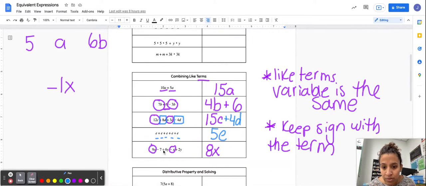I also have 6y plus y, which is 8y. And I also have this constant that's on its own, minus 7. So my simplified expression after combining like terms, 8x plus 8y minus 7. There's nothing else I can combine, no more like terms, so I'm all done.